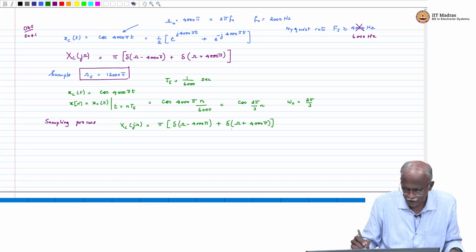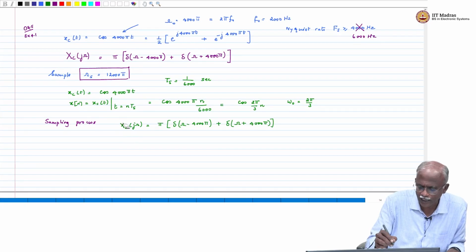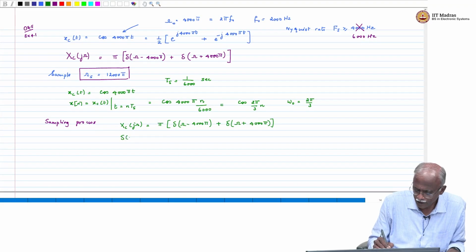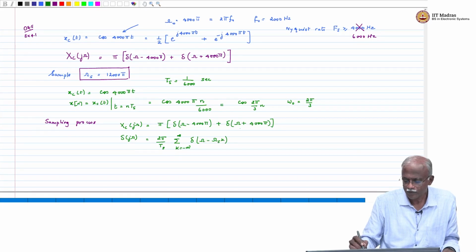Okay, so that is xc. Now, what is s of j omega, the Dirac delta train? That is 2 pi divided by Ts, summation k equal to minus infinity to infinity, delta of omega minus omega s times k.